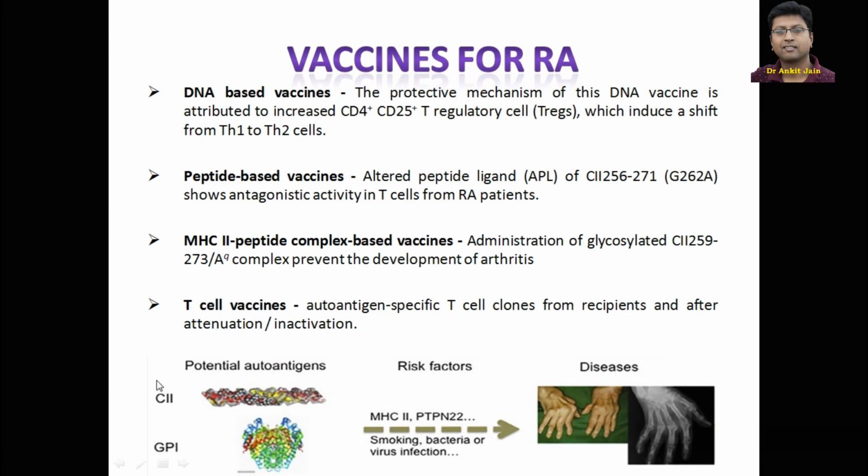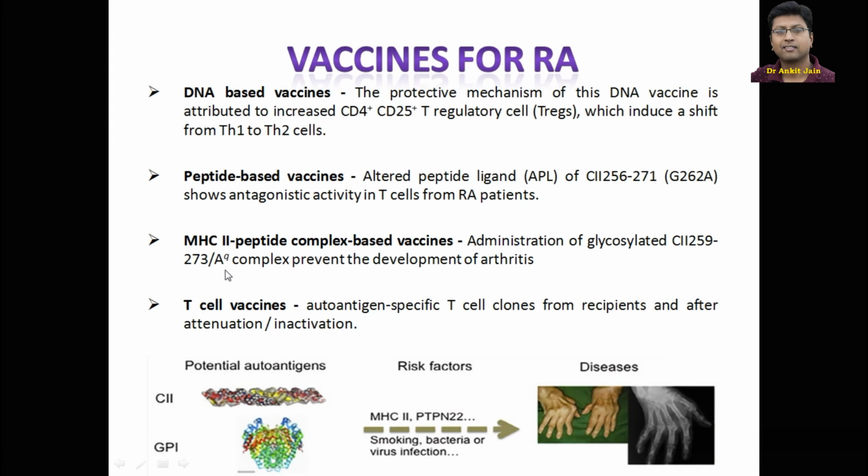First is the citrullinated protein and second is GPI, glucose 6 phosphate isomerase, that is the full form of GPI.